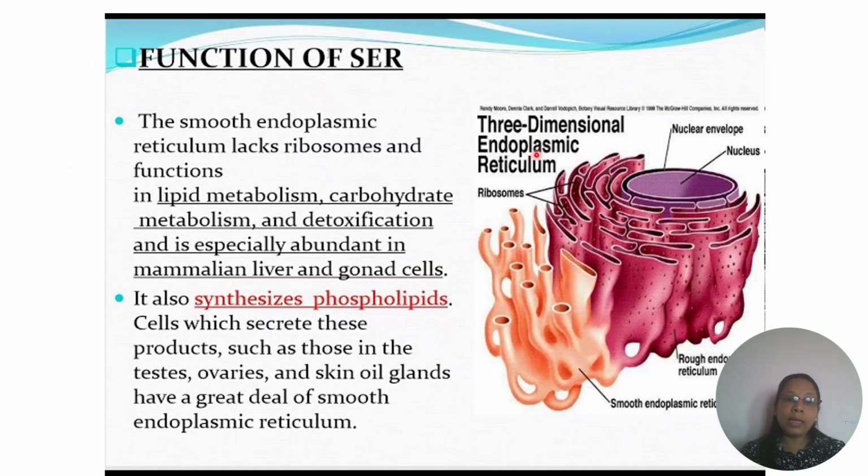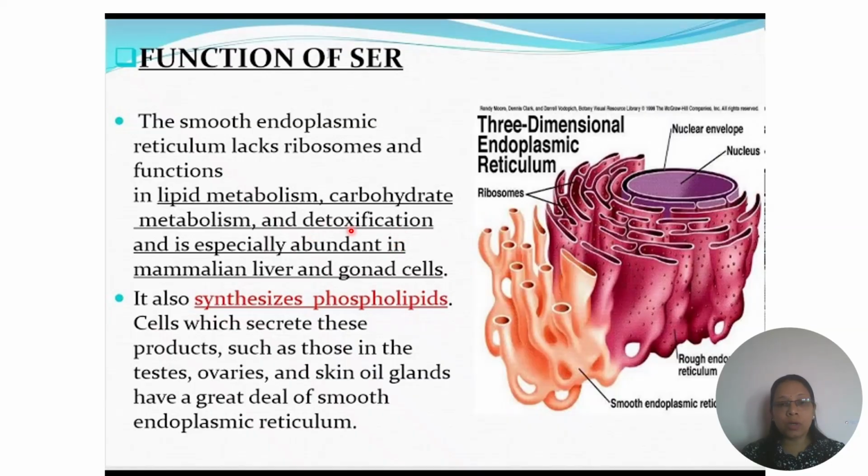Moving to the next, what are the functions of SER? We have seen RER functions. See, this diagram very clearly shows the presence of ribosomes and cisternae for RER, and tubular structure for SER. So smooth endoplasmic reticulum lacks ribosomes and it functions in lipid metabolism, carbohydrate metabolism and detoxification.